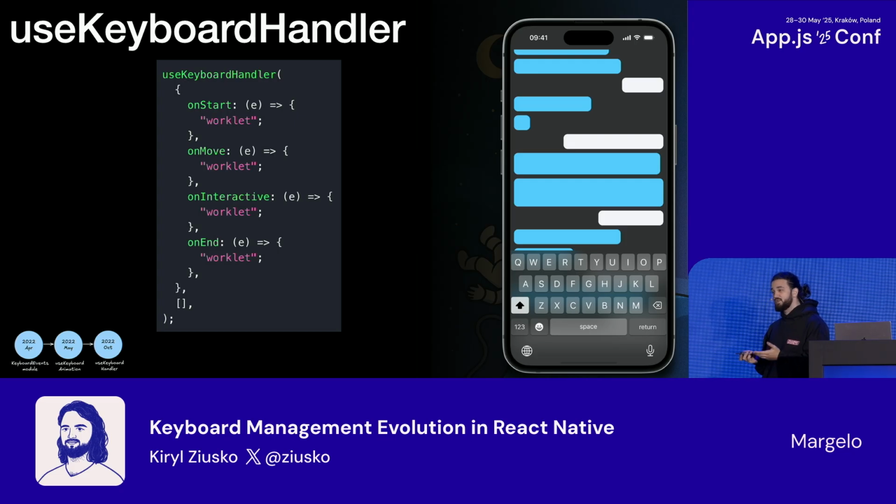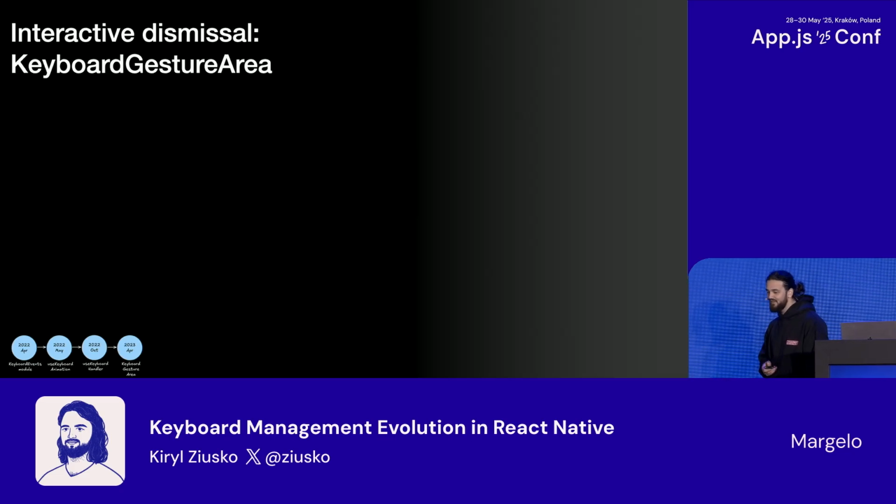But what about Android? Is it even possible to have something similar on Android? The answer is yes. The Window Insets Animation API not only gives you the ability to read the current keyboard frame, but it also gives you the ability to control keyboard position.